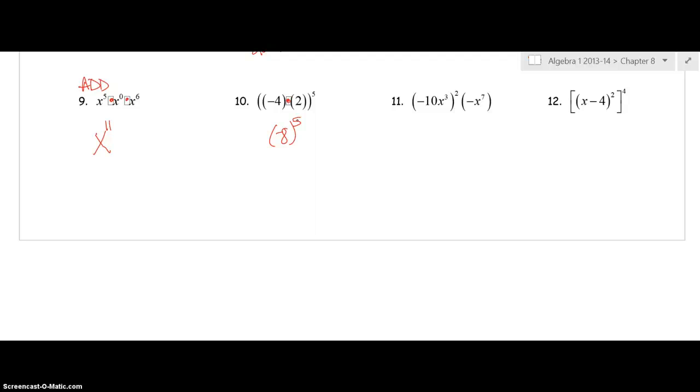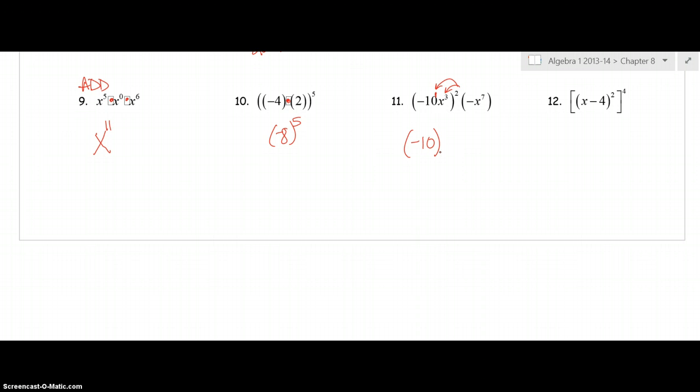Number 11. That 10 does not have an exponent on it, so I'd put a 1 on it. Distribute the 2. Now when you distribute the 2, you're not doing negative 10 times 2. You're multiplying the exponents. So the base stays the same, the negative 10 stays the same, but if it starts in parentheses, it stays in parentheses.